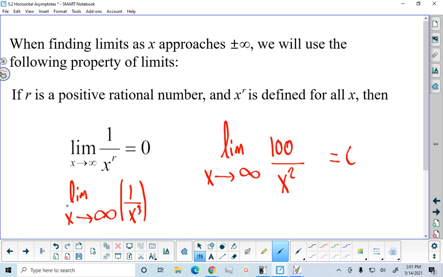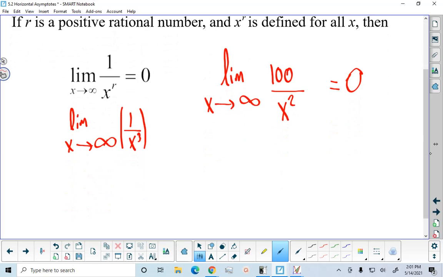Well, this is still going to be 0. And there's two ways to understand that. One, as x gets infinitely large, the bottom gets infinitely large. And I'm not going to write infinity squared, because it's infinity. It's as large as it can be. The top is 100. Well, I don't care that the top is 100. The top compared to the bottom is 0.